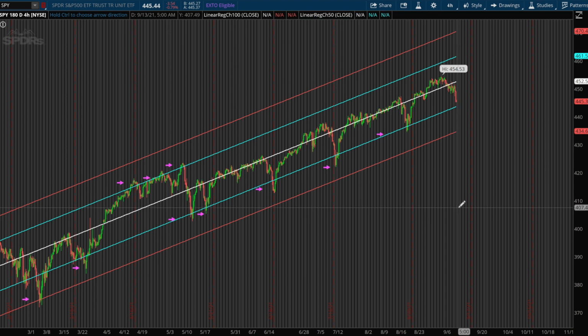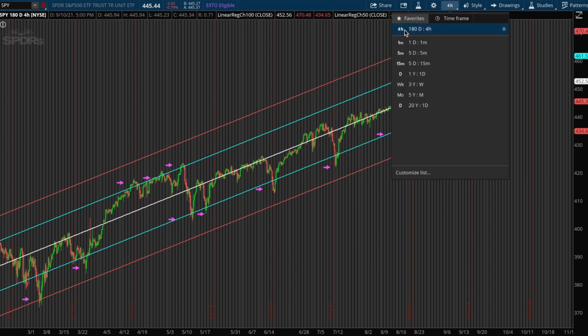And there's one more thing I want to talk about, and it's the time frame at which this indicator resides in. So the current chart shows the linear regression channel on a 4-hour 180-day chart, meaning that the data points taken by the linear regression trend is only a 6-month period.